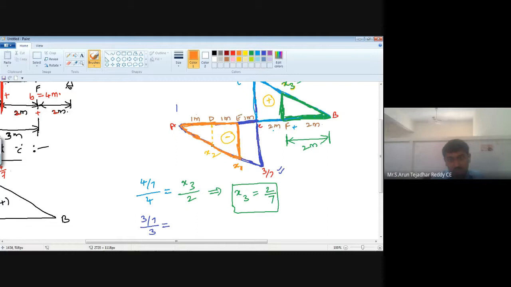This color, this is completely your next triangle. So from this next triangle, what is the perpendicular?